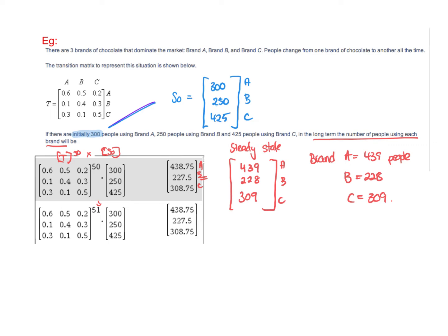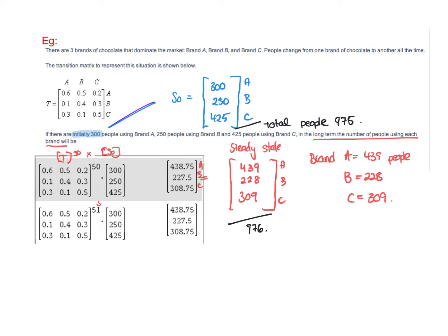Now I just want to bring to your attention here, in this scenario, we shouldn't be losing any people. It's the same people following through. So if we look at here, we have a total of 975 people. So really when I add this up down here, I should have 975. And I don't actually have that. If you add up these numbers, we actually get 976.